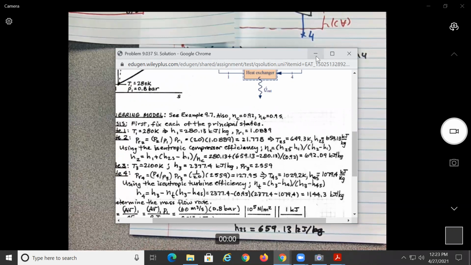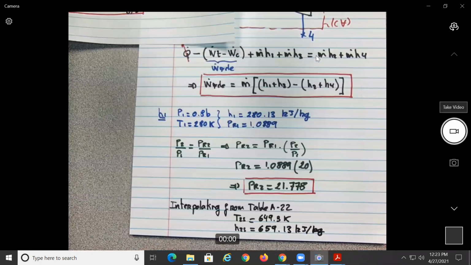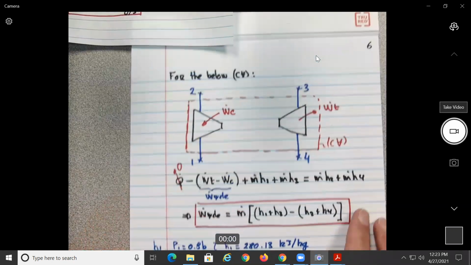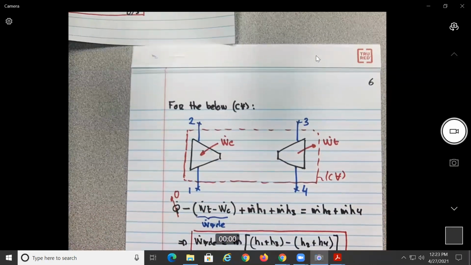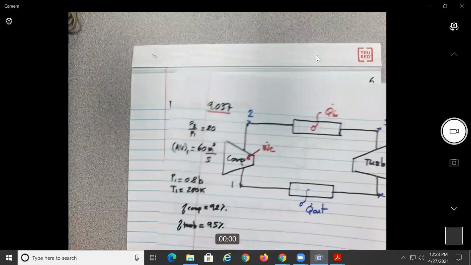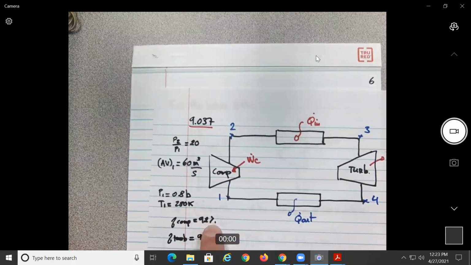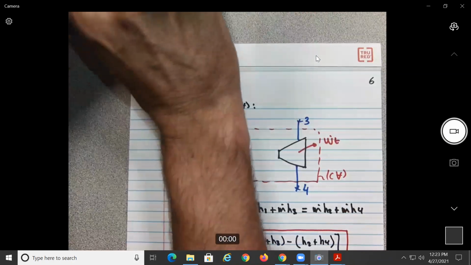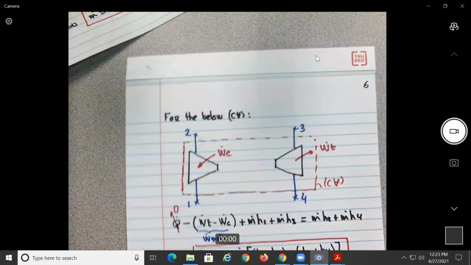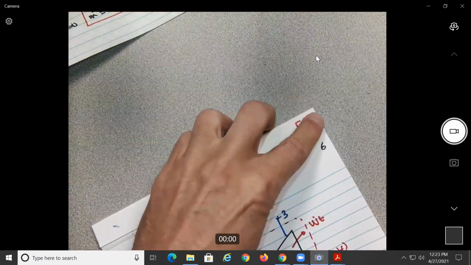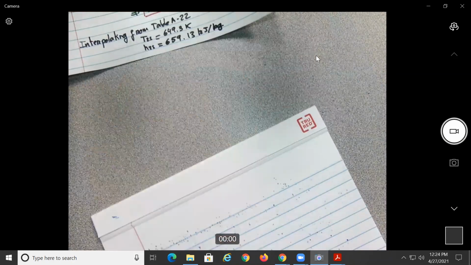Okay, so now, let's go back. All right, we have this. So now, what is the efficiency? We know the compressor has an efficiency of 92%, okay? What does that mean? Again, we could go and rederive the expression for the efficiency of the compressor, but we're not going to do it, all right?